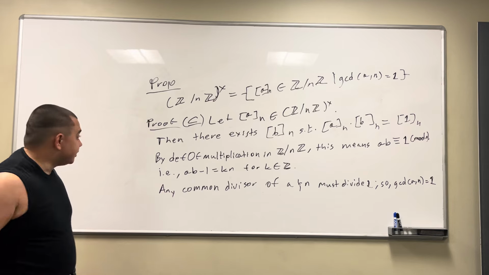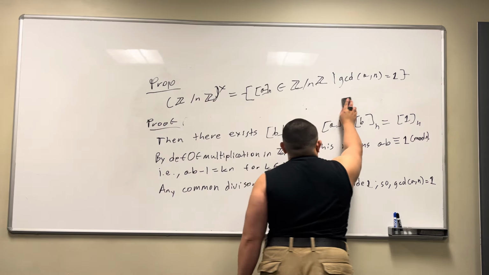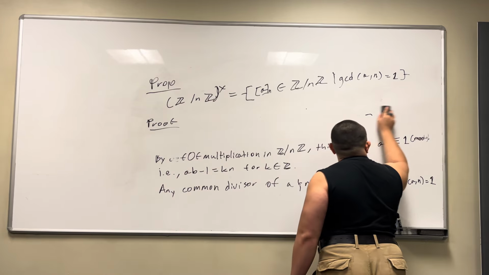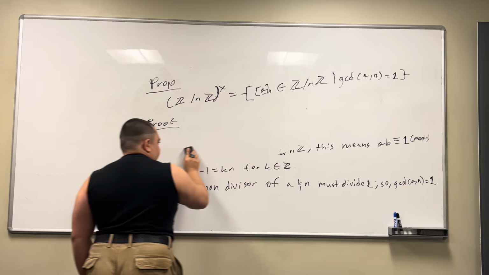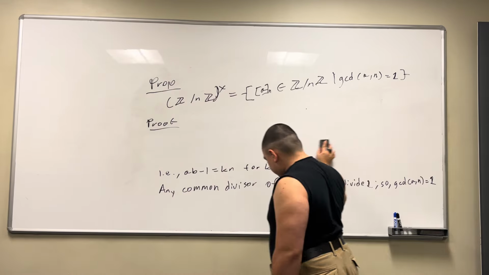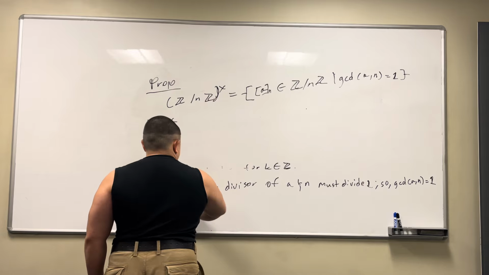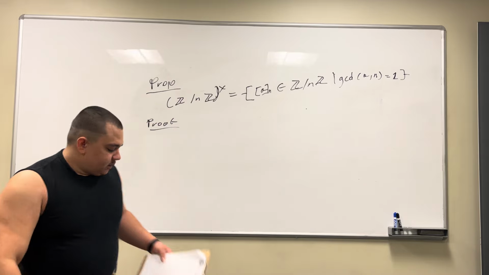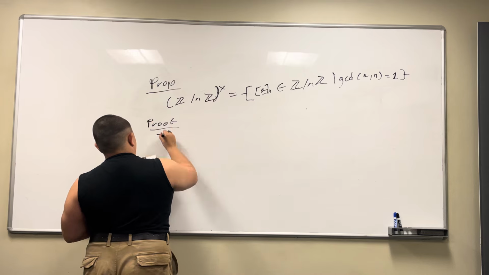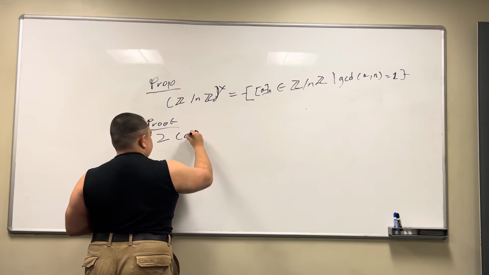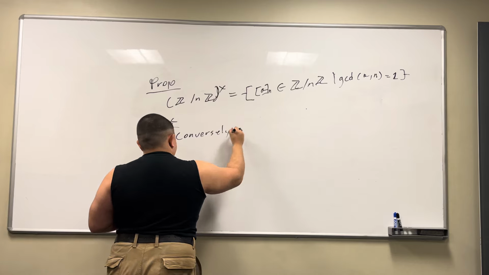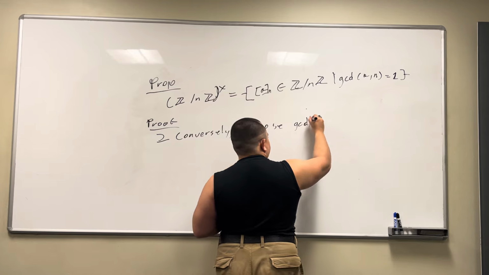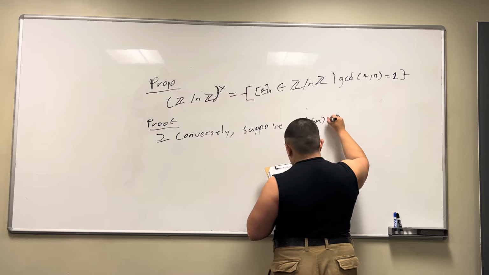All right, let's look at the other way. Conversely, suppose we already have that the GCD of a and n is equal to 1.